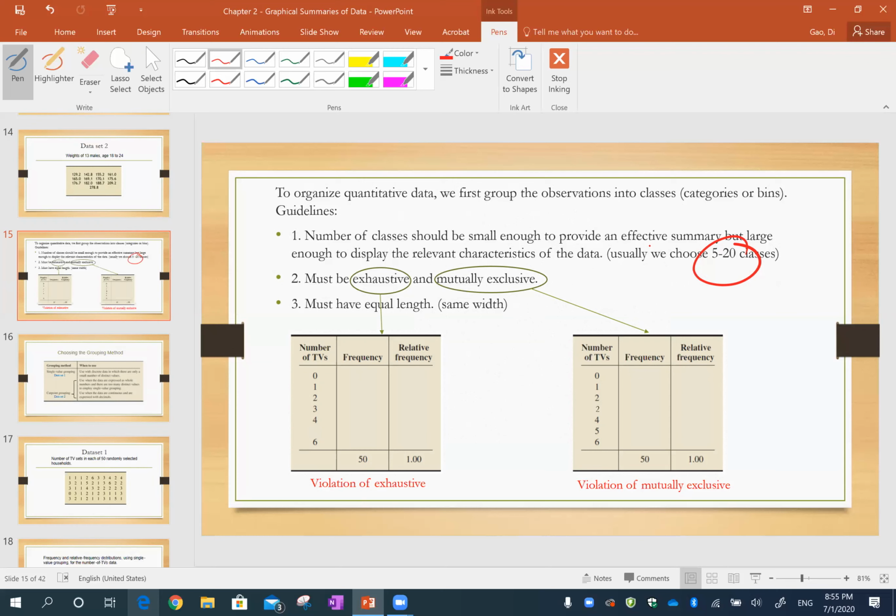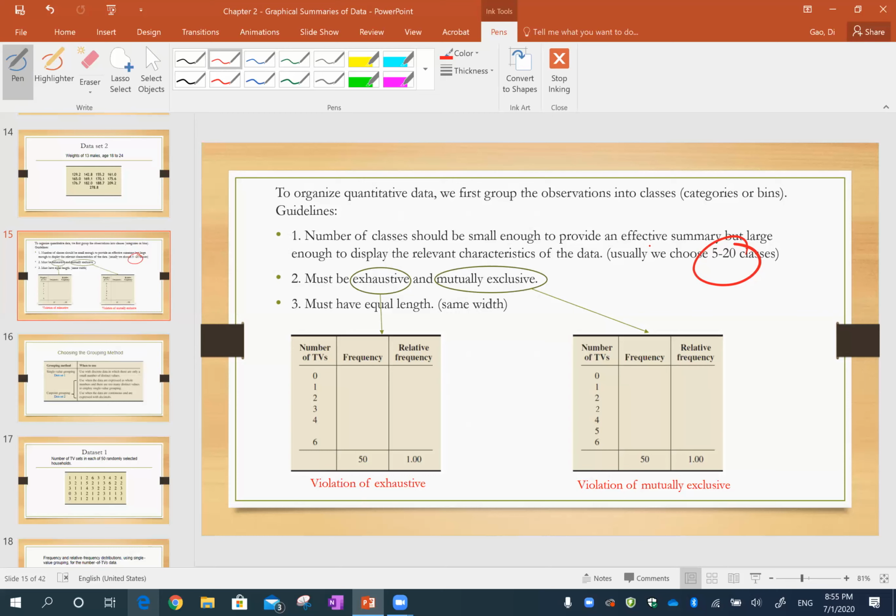Or if we choose just 2 classes, maybe one class has 21 numbers and the other has 29 numbers, that still doesn't make sense. We don't see the distribution of the whole data set, so we cannot visually see it as well. So 5 to 20 is reasonable.